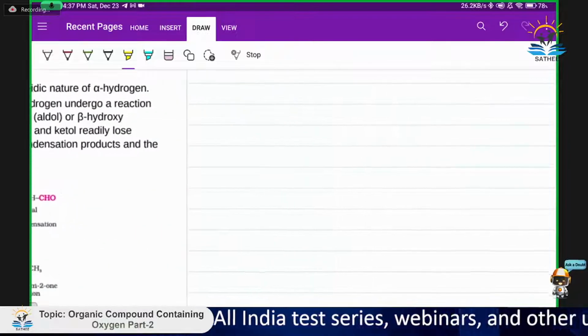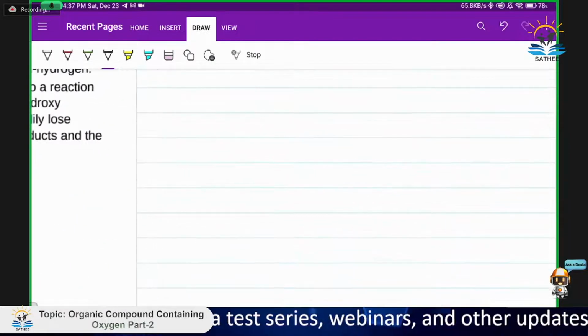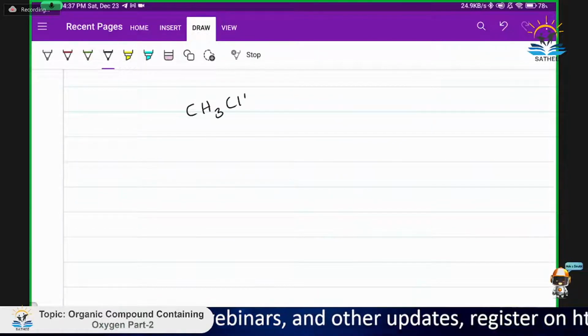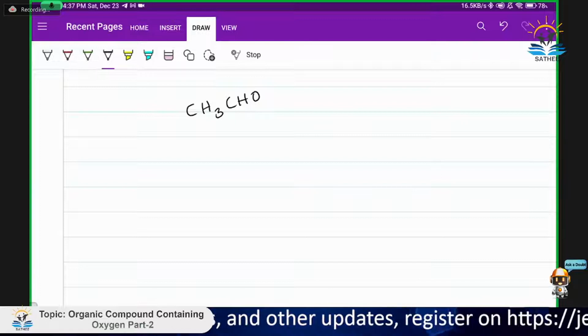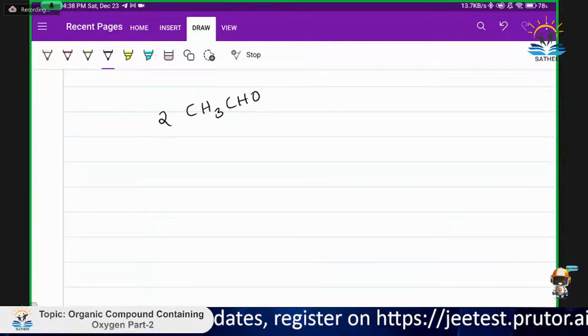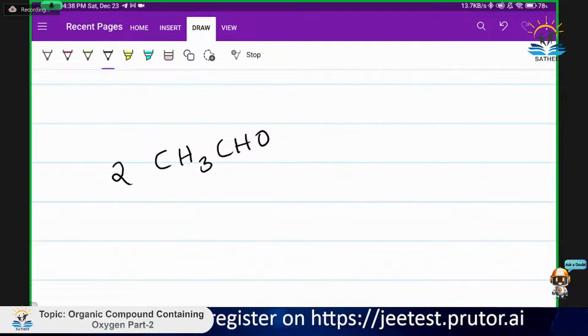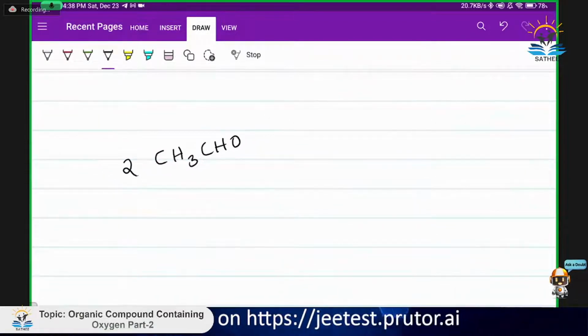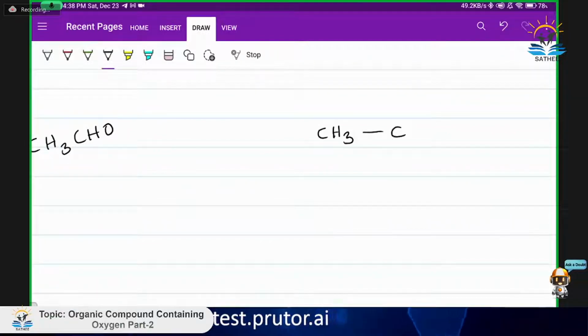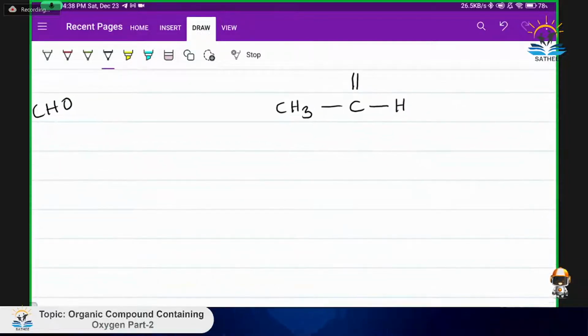So we will take this for an example with acetaldehyde. So in order, two of this compound will react. So when we take this compound, we'll write the first one like this. The other compound we should show the alpha hydrogen separately.